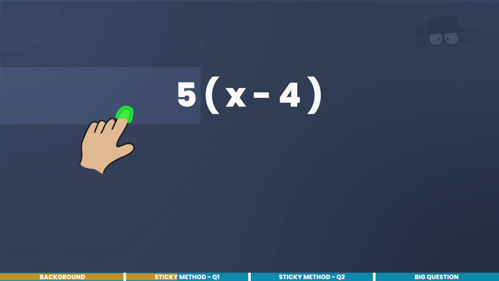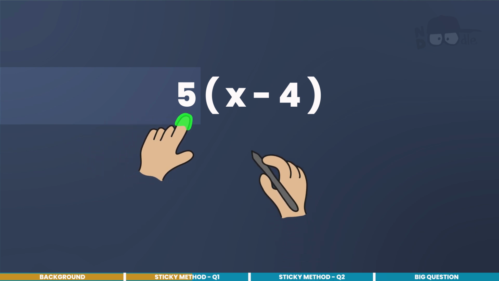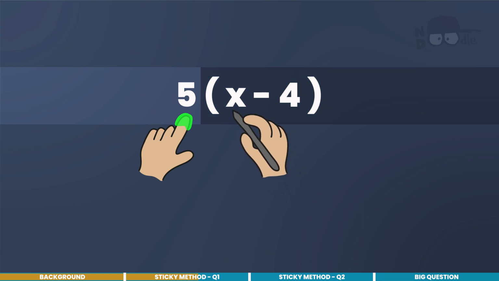Right, put your sticky finger underneath the first item in the first chunk. There's only one item here, so that's easy. Now, using your pen or pencil, point to the first item in the right-hand chunk, in this case, x. Multiply these two things together. That's 5 times x, which is 5x.